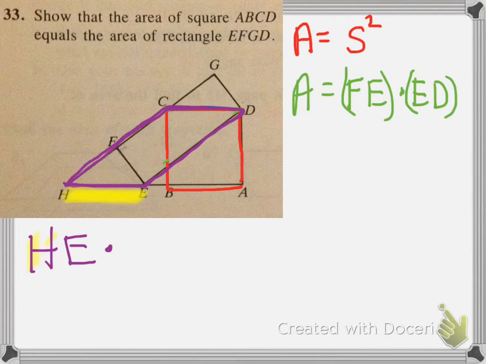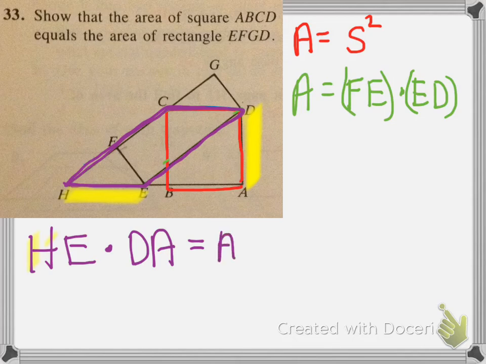Now the height is the segment that goes from the vertex of one of the sides that's perpendicular to the base HE. DA goes from the vertex D perpendicular to the line that contains HE. So HE times DA.